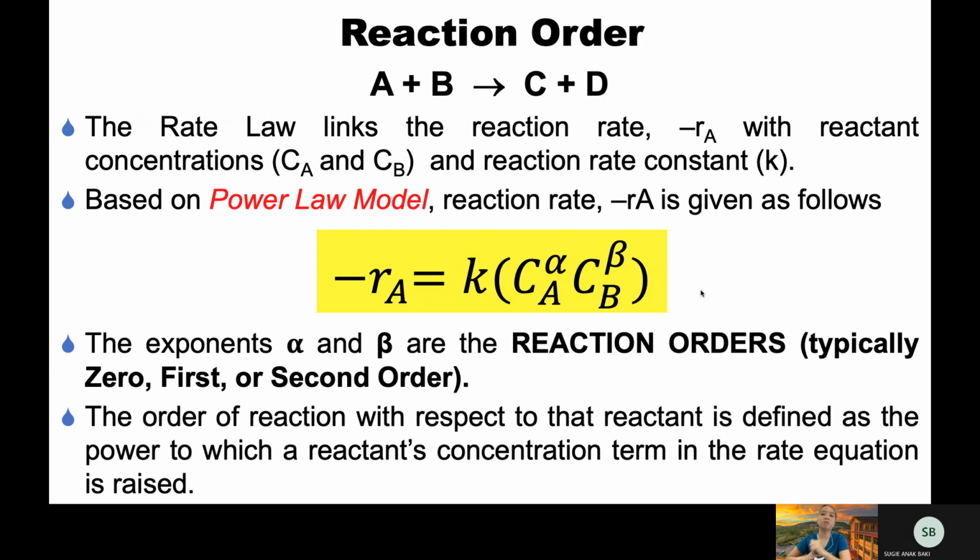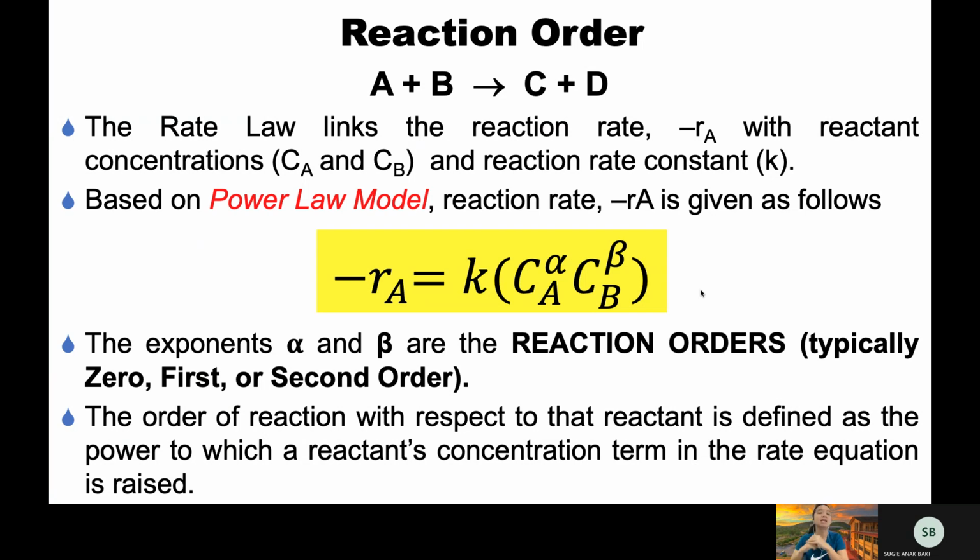As I told you before, how do we quantify a reaction? It's through rate of reaction. Rate of reaction is where we monitor the concentration of the compound with time. So rate of reaction can be evaluated in terms of rate of disappearance or rate of formation, of which compound.